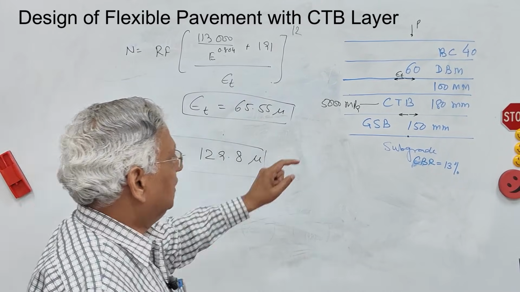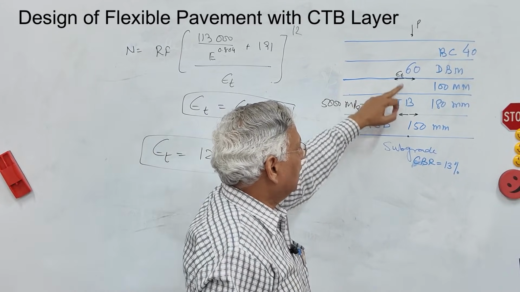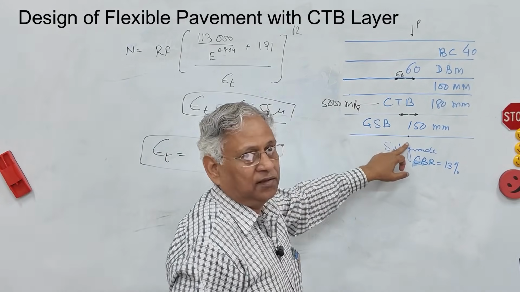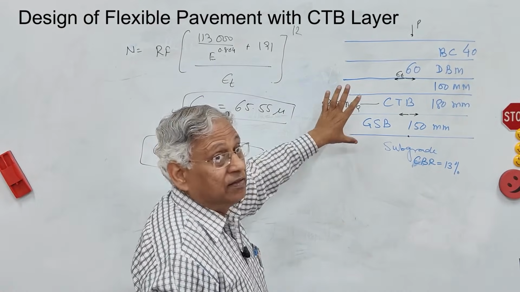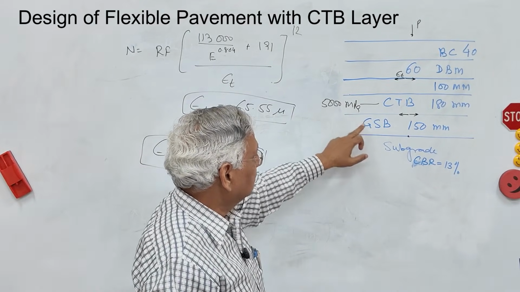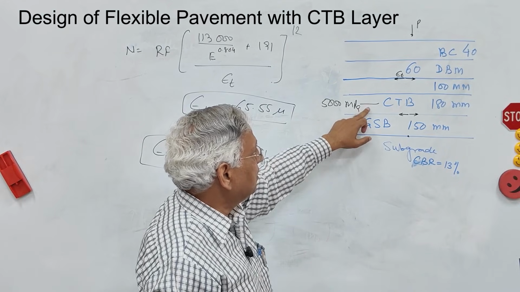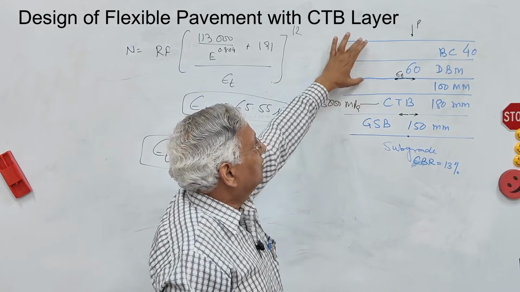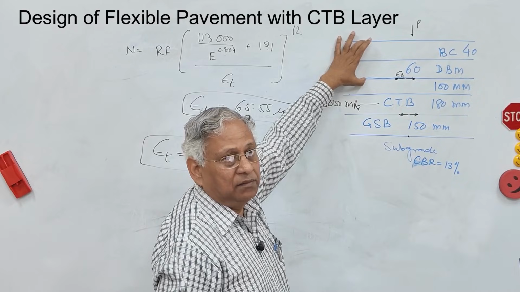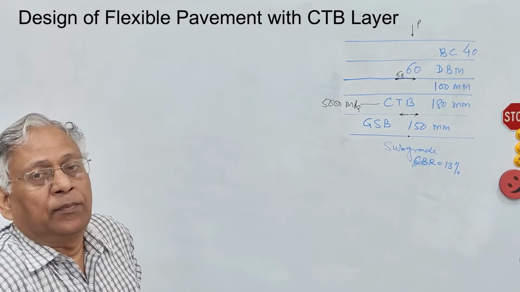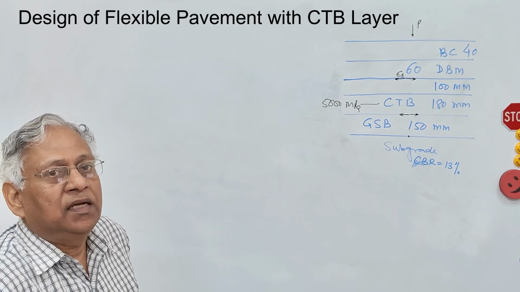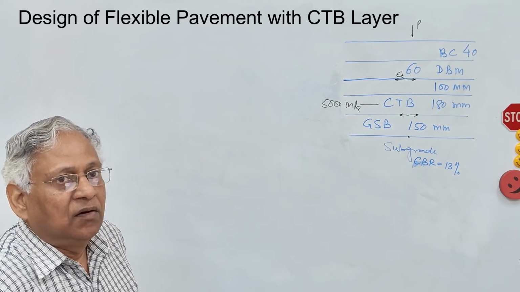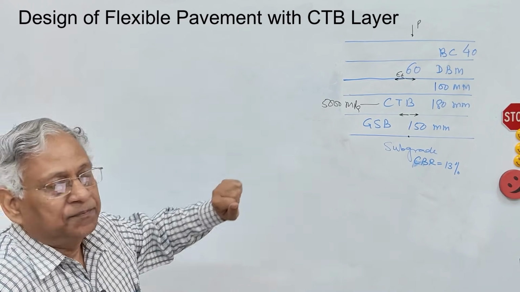Now you know the allowable strain at this point and at this point. Run the IITPAVE software for 5 layers: 1 subgrade, then GSB, then CTB, then AIL, and then the bituminous layer, total combined 100 millimeter. Sixth step would be to run the IITPAVE software to determine the actual values of strain for this pavement composition.